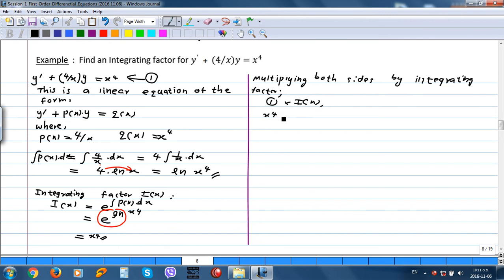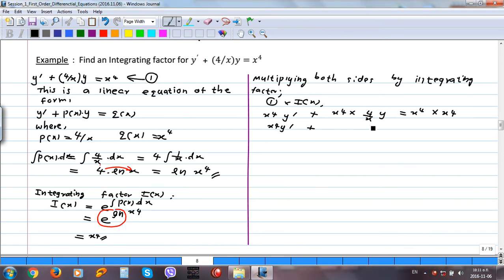It is x to the power 4 times y dash, plus x to the power 4 times 4 over x times y, equals x to the power 4 times x to the power 4. So here comes x to the power 4 y dash, plus here you can cancel, 4 times x to the power 3 y, equals x to the power 8.